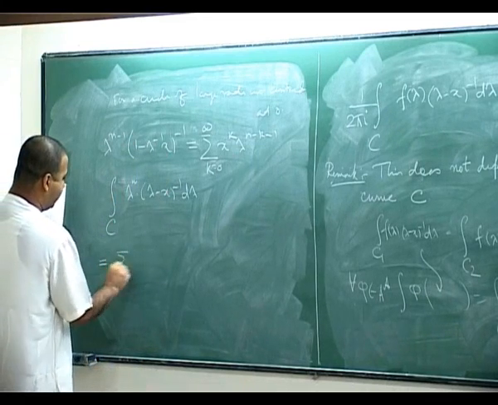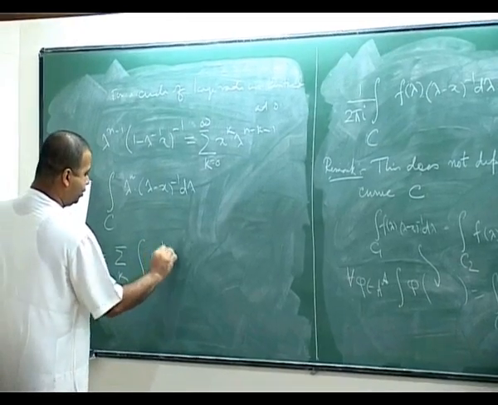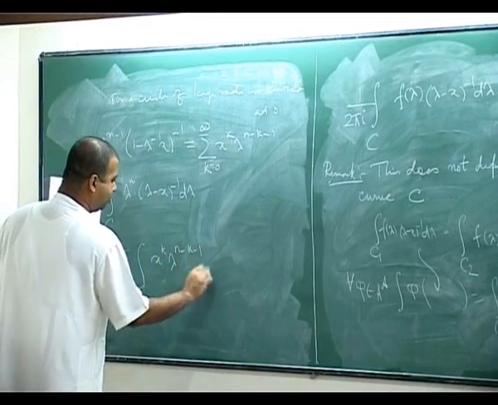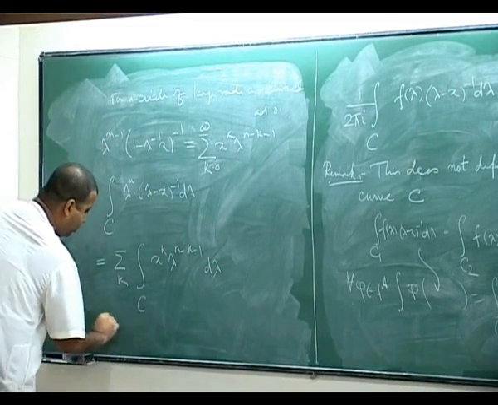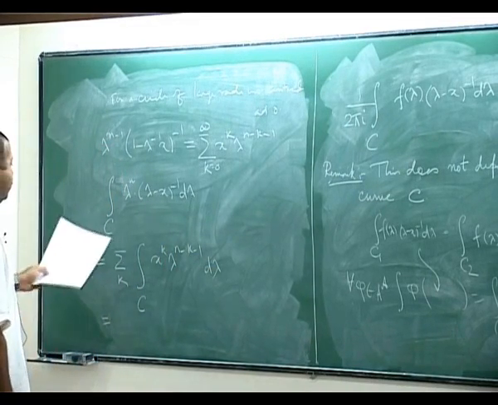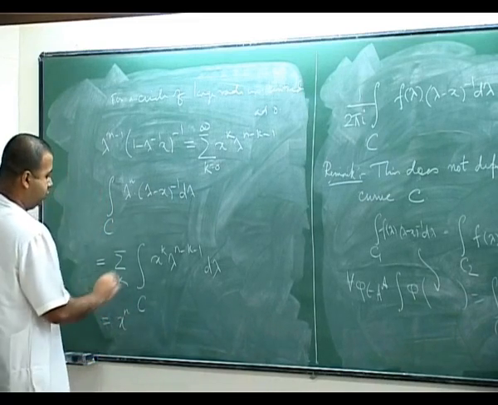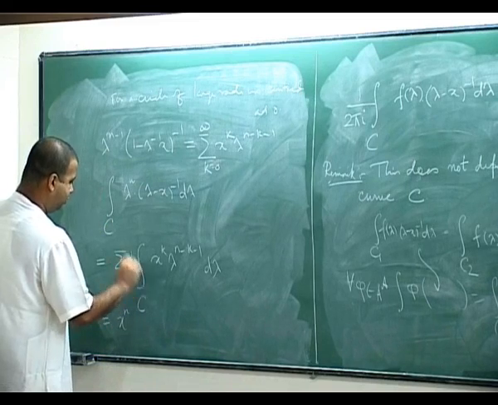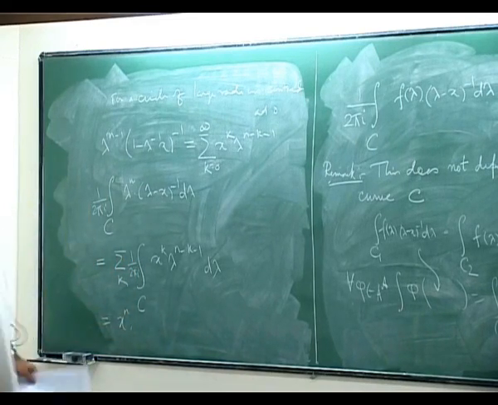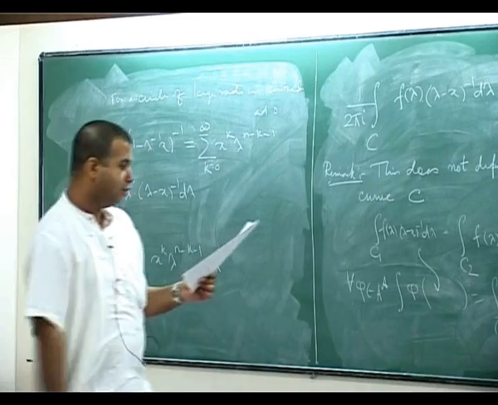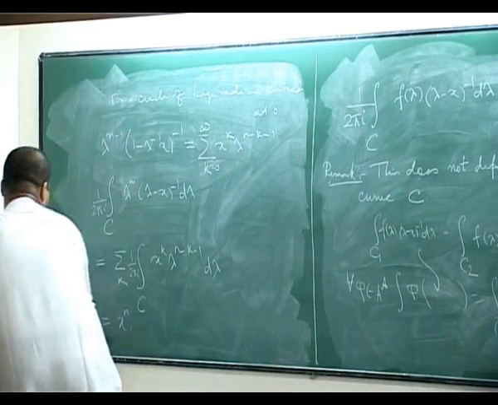So this is equal to summation over k integral, and only k equal to nth term will survive. Yeah. So this proves that it agrees with the ordinary thing.